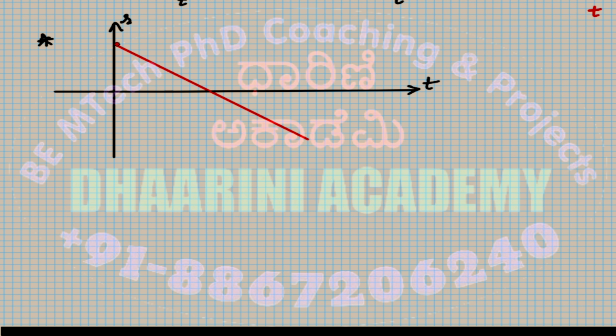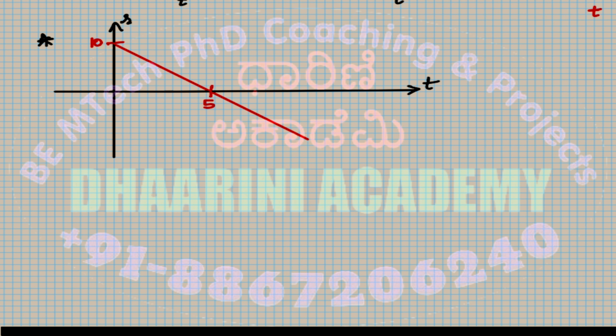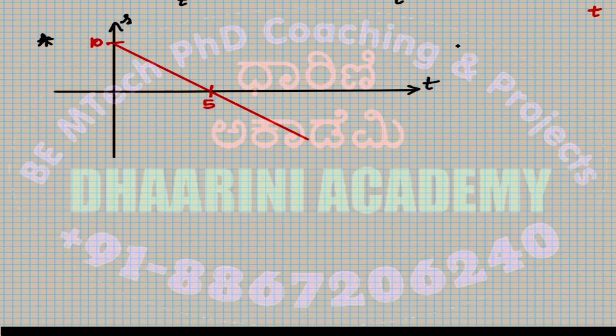This value is 10. This is equal to 5. Right. So the question is, find the velocity. This is the question.